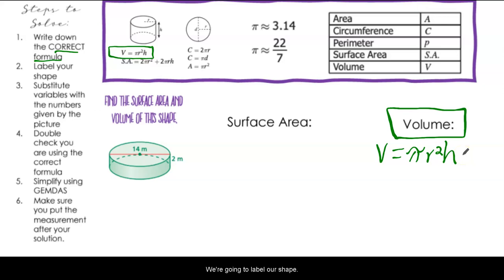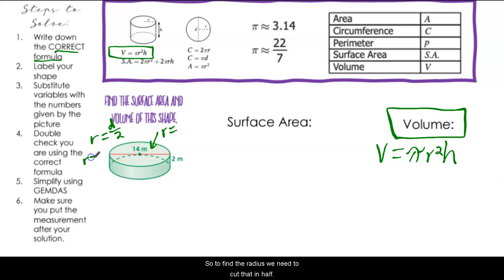We're going to label our shape. So this here is our base, and what we need is the radius. The radius is found by taking the diameter and dividing it by 2. You can see that you're given the distance all the way across, which is 14.